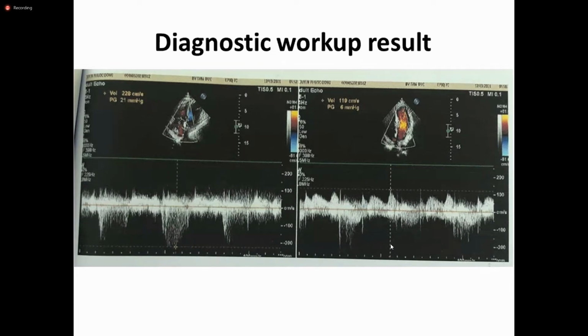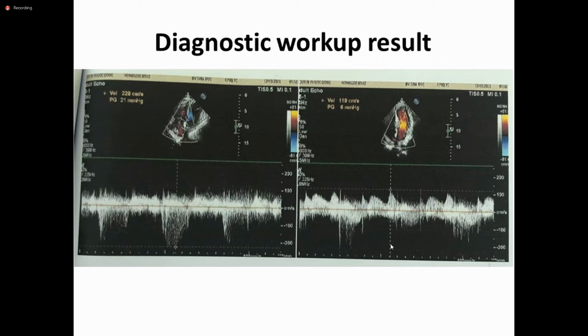As you can see, the pulmonary pressure is 21. However, I'm not sure because I don't see clearly. When you want to measure the velocity over the valve, you need to have a full envelope of the velocity. I don't think it's a full envelope, but I cannot say more because I cannot see the image. But maybe it's normal.